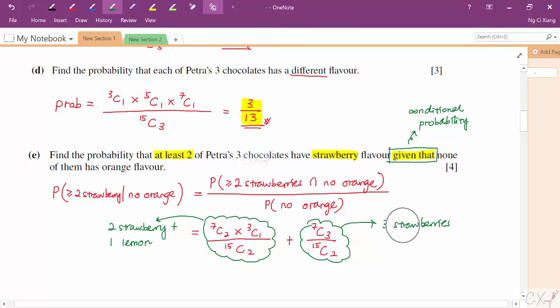So this is another case. This is the probability for the numerator, and you divide it by the denominator, where the probability is not having orange.